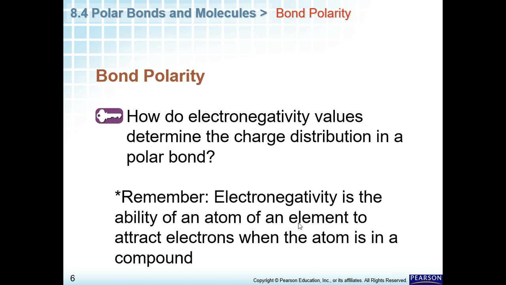This comes down to a certain characteristic that we learned when we were talking about trends in our periodic table, and that is electronegativity. The electronegativity value depends on which atom wants those electrons more. Remember, electronegativity was defined as the ability of an atom in a compound to attract electrons.